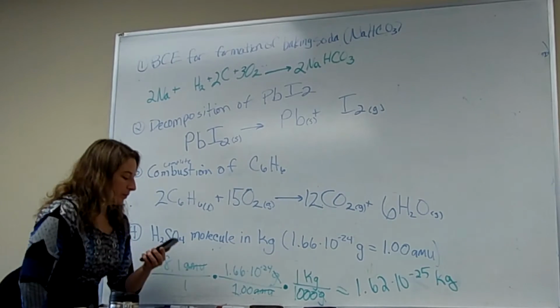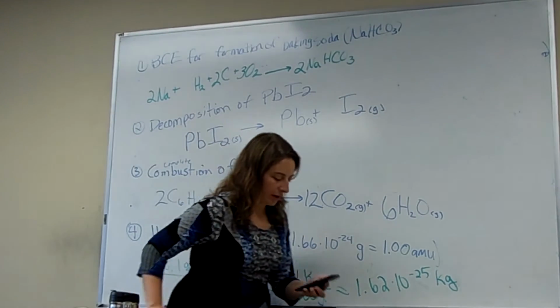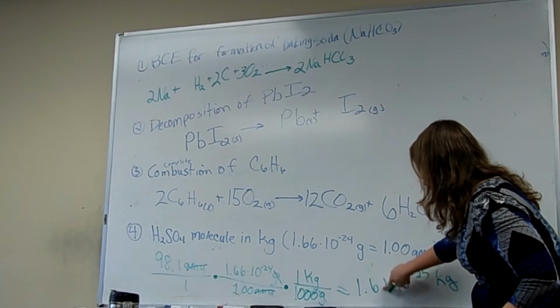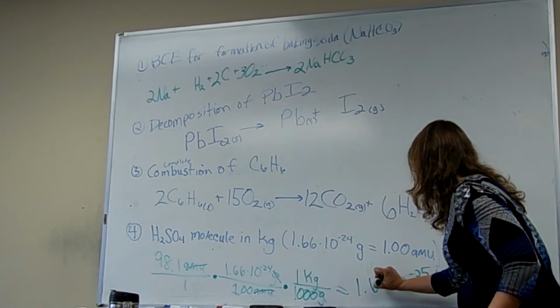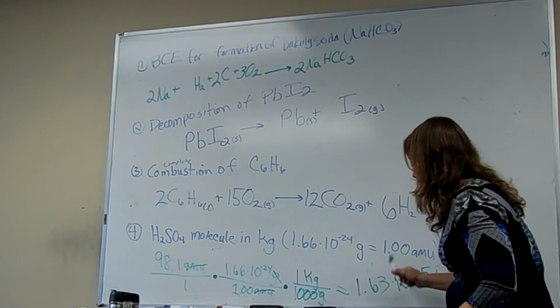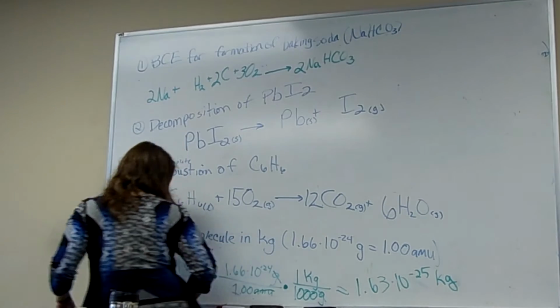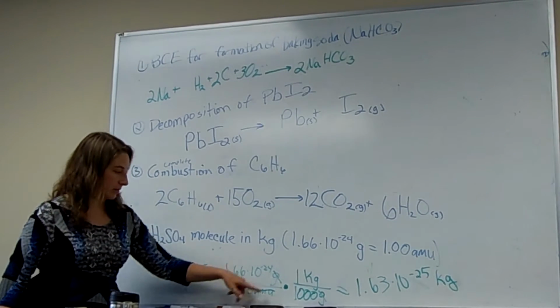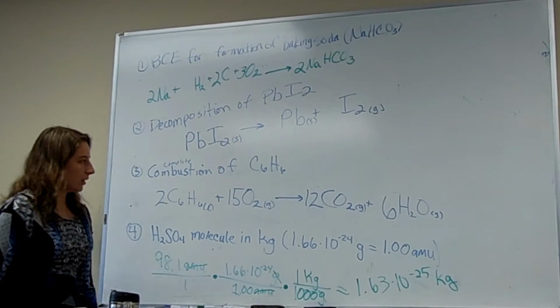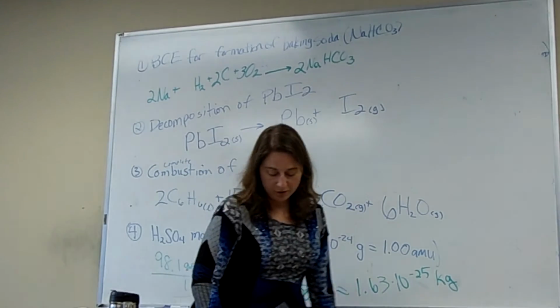Yeah, I get 1.628, and the 8 will make the 2 go up. But you're correct to have 3 significant figures there, because this has 3, that has 3, that has 3, and those guys are perfect. So you've got to round to 3. Super job. Okay, so now we've got to discuss that number 5.